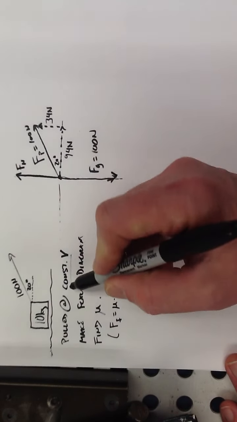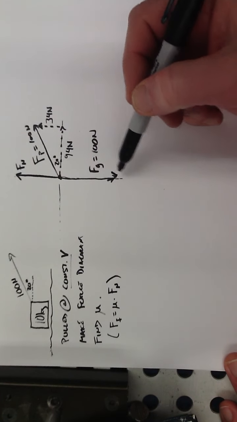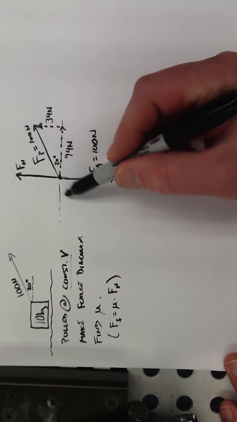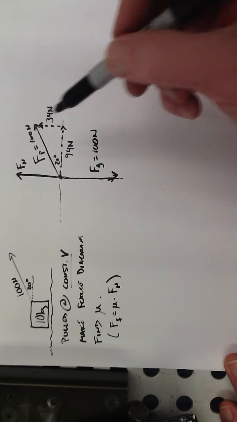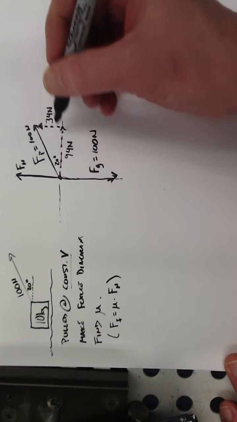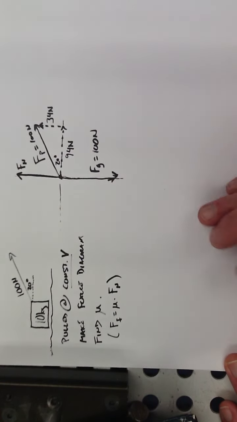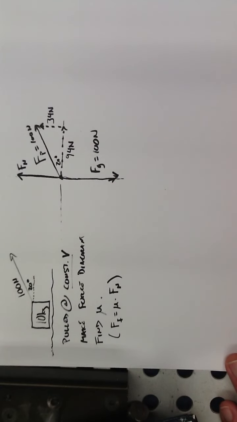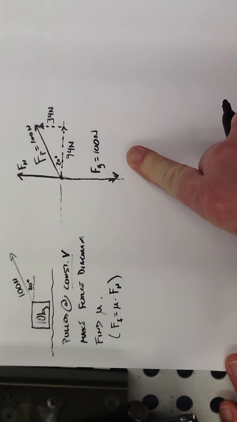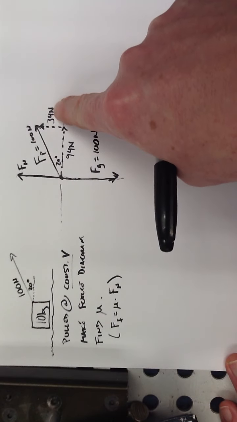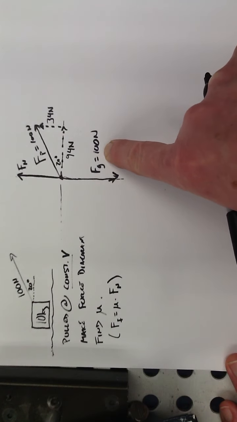Since the forces are balanced, all of the ups must balance all of the downs. Now there's only one down, but there are two ups. So between these two, right here, we have to balance this. You can write out an equation if you want, but I'm hoping that you can just see that these two have to add up to this.